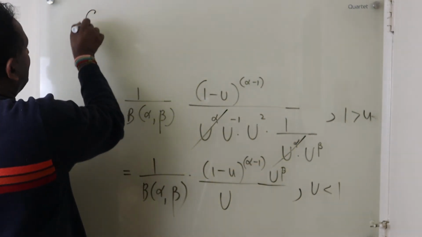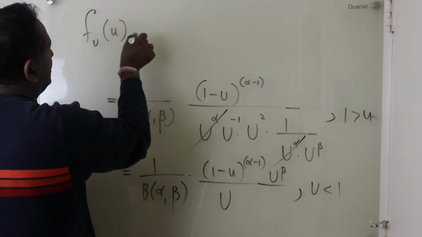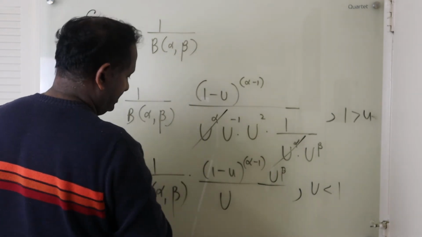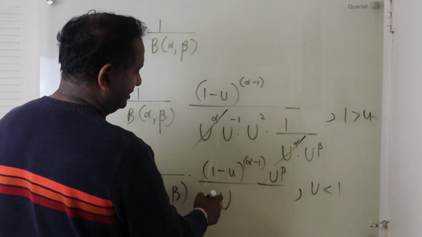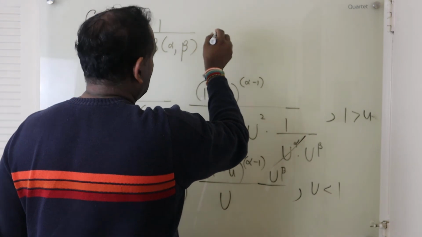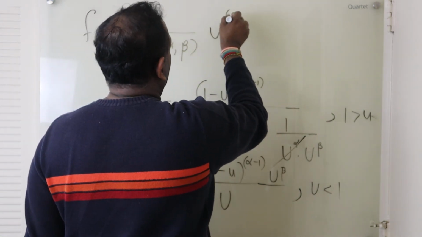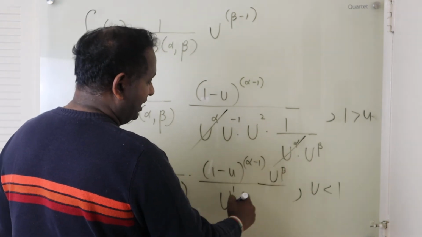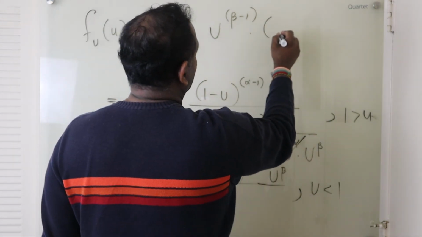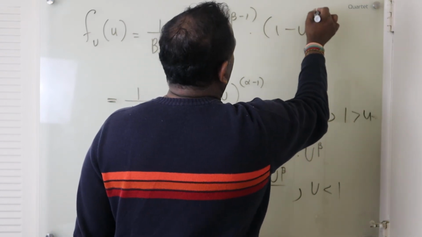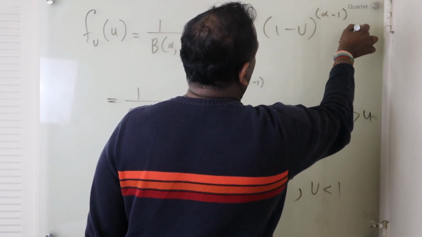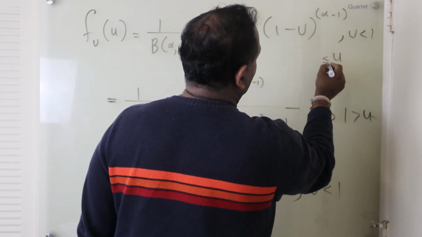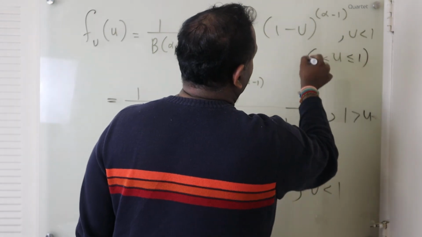Very interesting. So f of u is 1 over beta function alpha comma beta, then you have u to the power of beta minus 1. I'm going to bring this 1 to the top, combine it, times 1 minus u to the alpha minus 1, and u being less than 1. U being less than 1 means u should be between 0 and 1. That's the same thing.